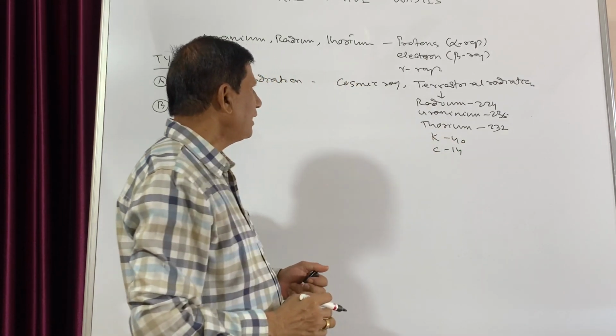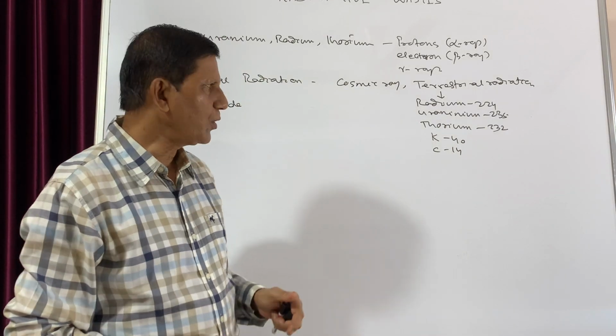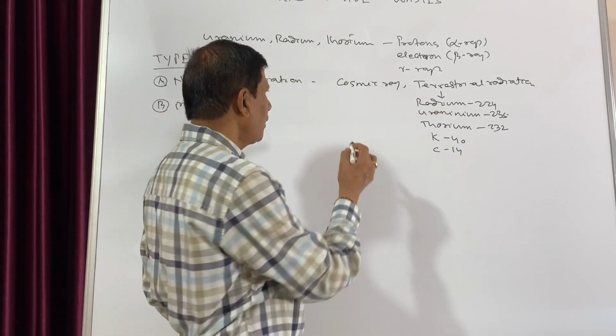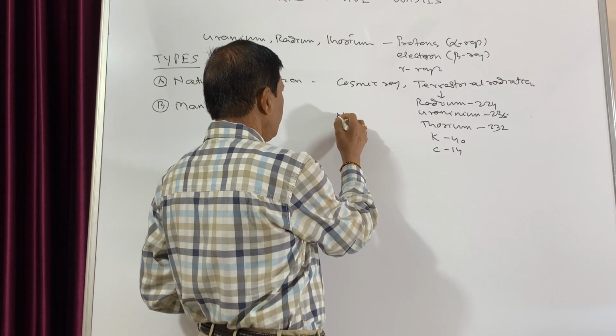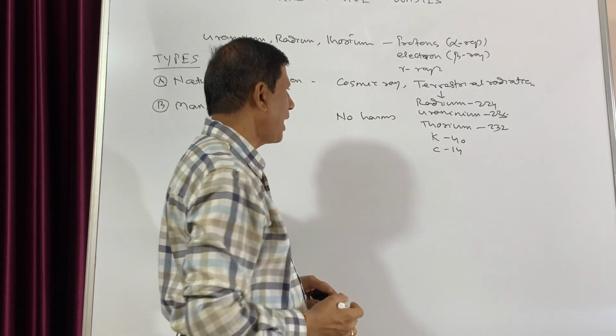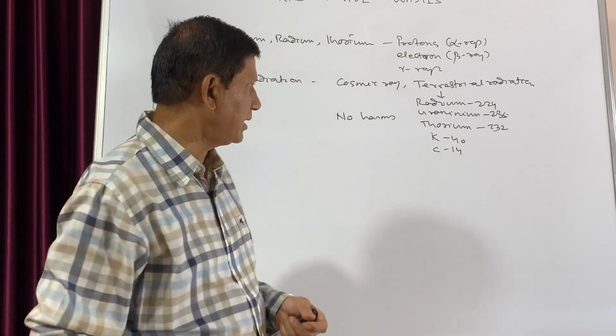These are the different types of terrestrial radiations, and with cosmic rays, we are always exposed to them, but they do not cause much harm. Almost no harm, because throughout our lifetime we are exposed to these things.